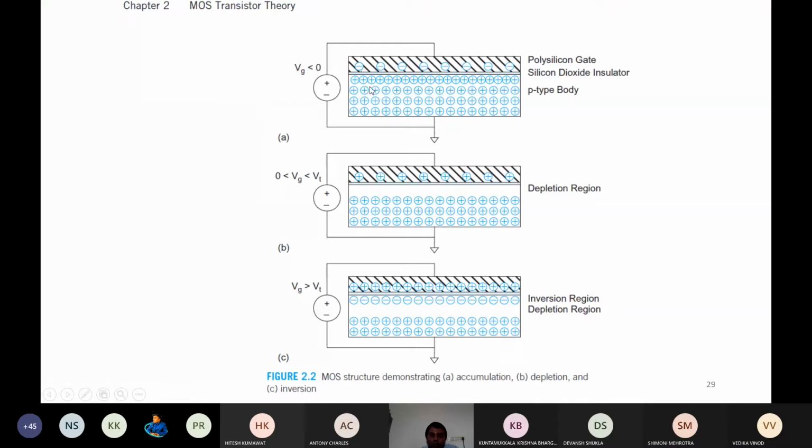The MOS capacitor, as we have already seen, has a polysilicon gate, then silicon dioxide dielectric, and then P substrate, which is also acting as the body. When the gate to source voltage was less than 0, many holes were accumulated underneath the oxide. This picture shows the accumulation operation in pictorial view.